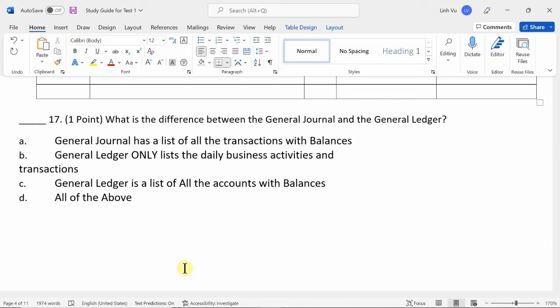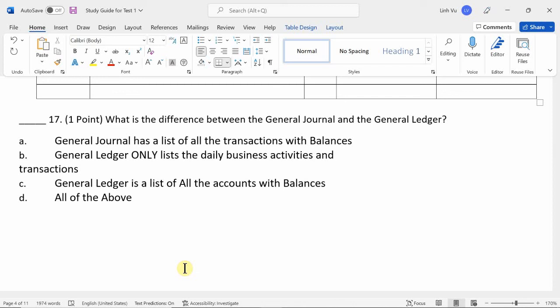Let's see. General journal has a list of all of the transactions with balances. Is that true? Yes. The journal is a list of all of the accounts with their account balances. Okay, no, it's not.